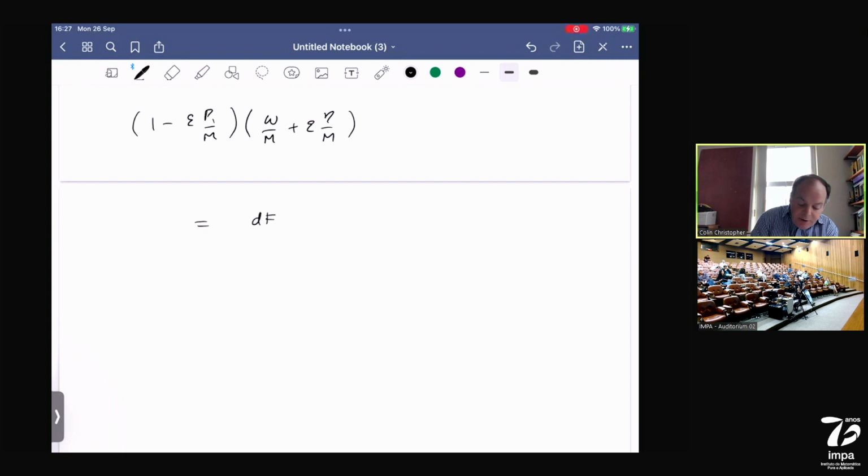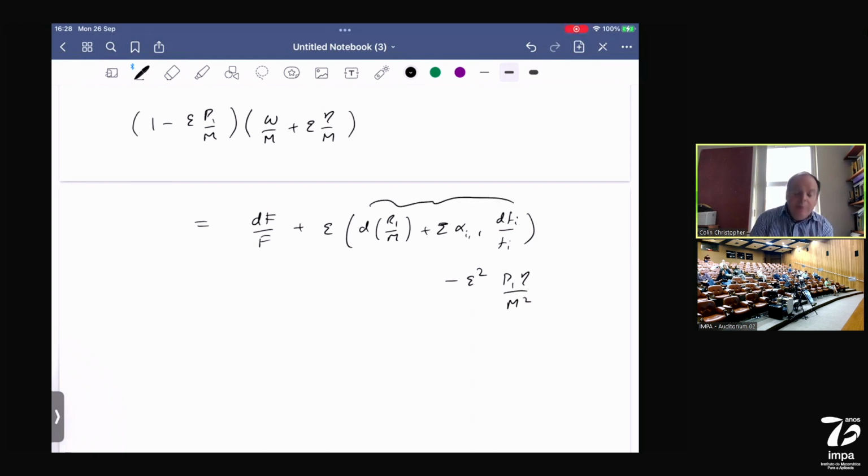This is going to be df over f plus epsilon dr1 over m plus sum of I1 dfi over fi minus epsilon squared, and here I'm going to have P1 eta over m squared. So again, this bit's going to be something which is exact, because I'm not cycling around any of the separatrices. This thing is also going to be 0.